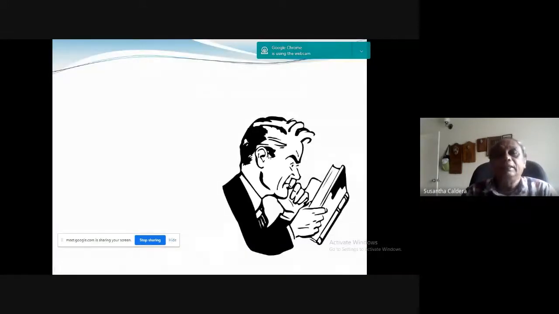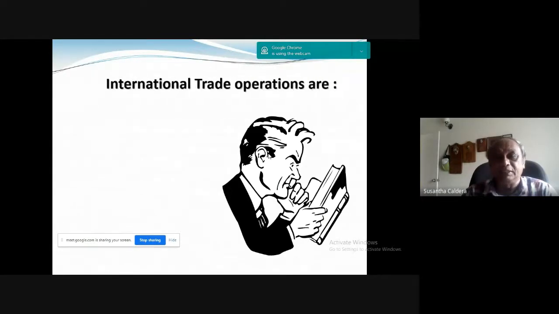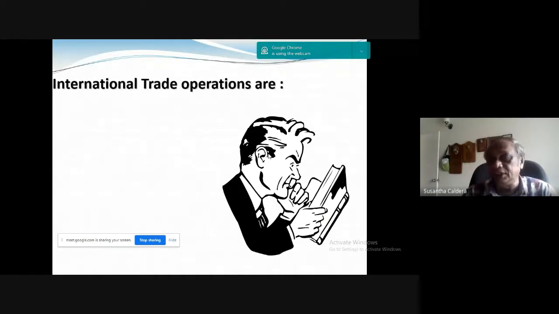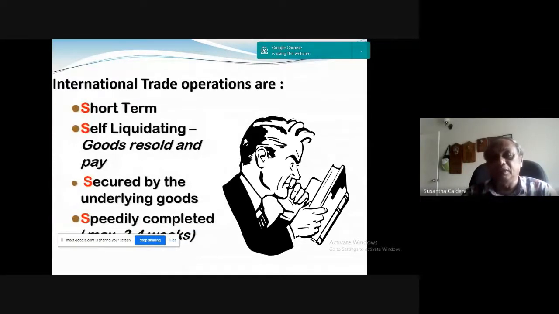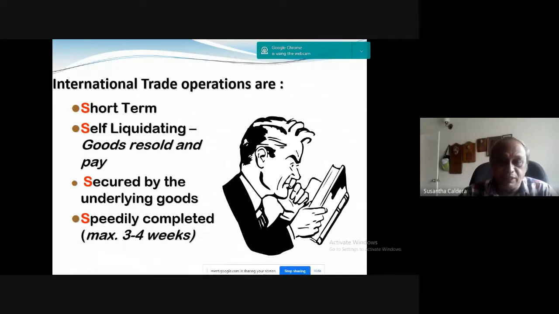Right. And these international trade operations are short term. I used to call these the 4S's. You guys know about the 5S concept of Japan.